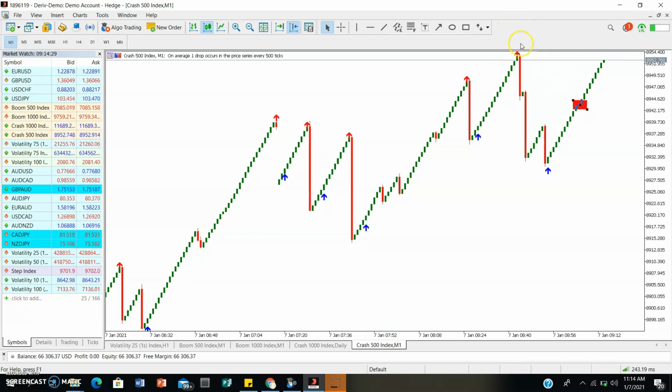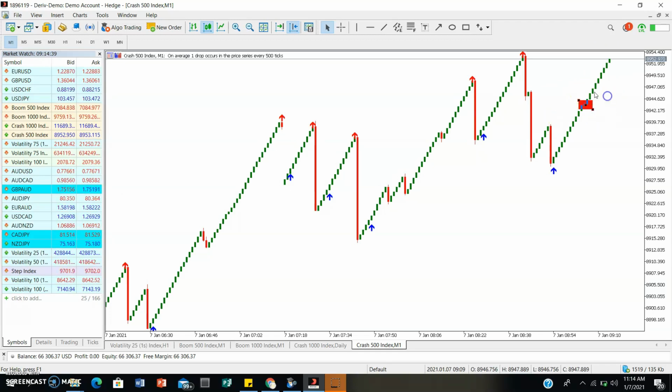That's why the arrow was flashing. You can see at this point it just disappeared, because the strategy realized that we're in an overbought section, but price is continuing in the uptrend. So here is when it realized we are now in an overbought section.